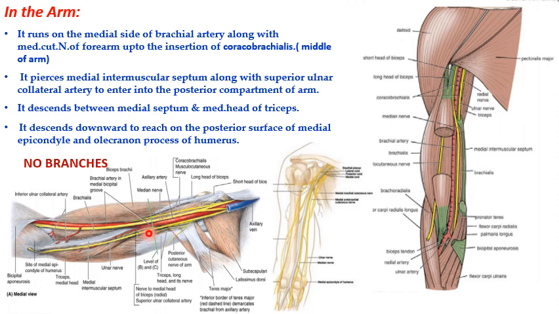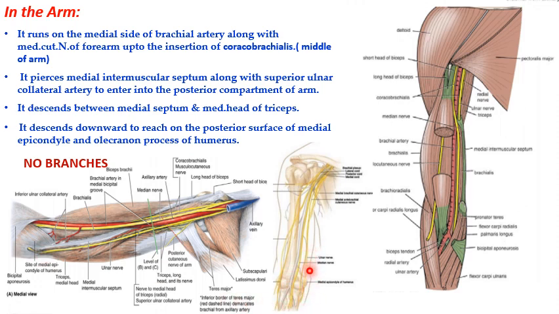from the brachial artery. And then both of them, that is the superior ulnar collateral artery and the ulnar nerve, they descend down in the posterior compartment of the arm between the medial intermuscular septum and the medial head of the triceps and reach on to the posterior surface of the medial epicondyle.